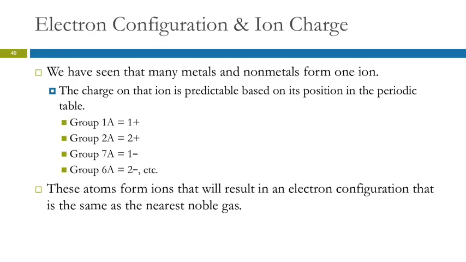Metals and nonmetals, many of them will form only 1 ion. The predictable ones, we've talked about those. So group 1A forms +1, group 2A forms +2, group 7A is -1, group 6A -2. The reason those are predictable is because when they gain or lose that particular number of electrons, they have the same number of electrons as a noble gas, and that's extra stable.